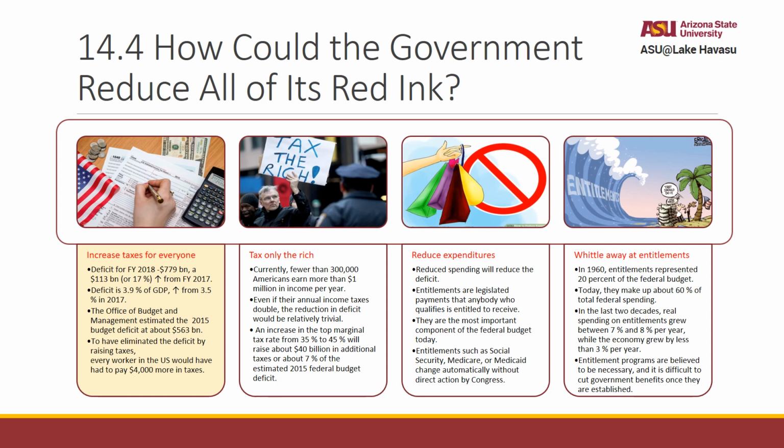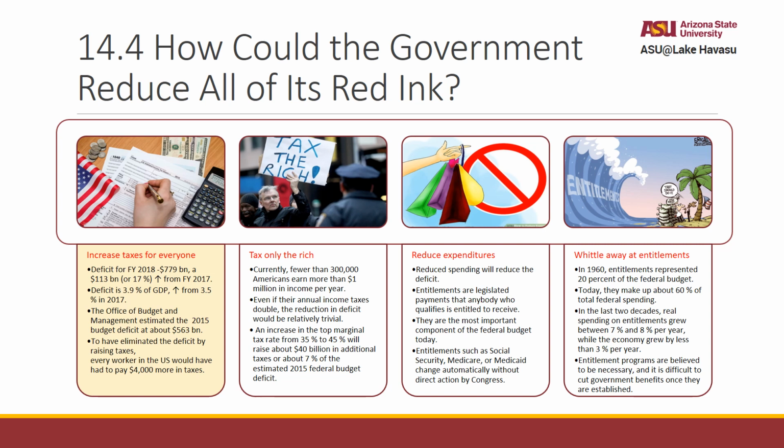Deficit for the financial year 2018 was around 779 billion, a 113 billion increase or 17% increase from the financial year 2017. Deficit is about 3.9 percentage of the GDP with an increase of 3.5 percentage in 2017.